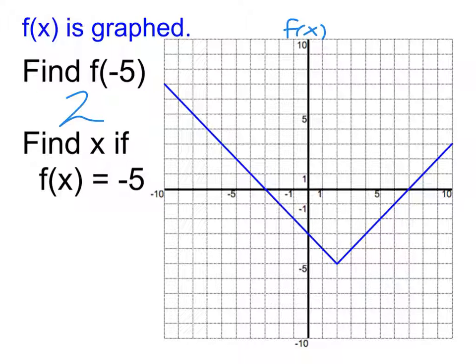So we're looking down there and looking to see when does the graph hit that y value. And so you can see it happens right here. And so it happens to equal 2, which is a total coincidence that it gave us the same number. Didn't mean that, but hey, that's the way it works out sometimes.